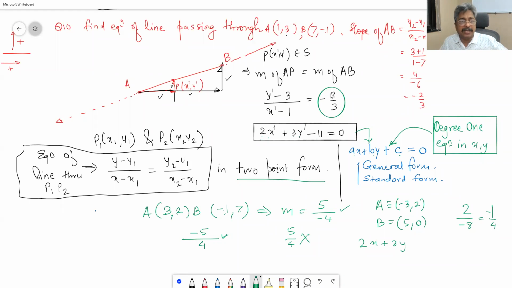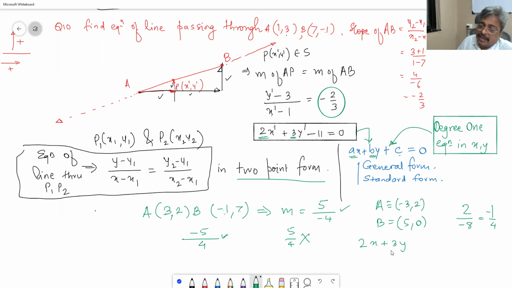When we cross multiply, this 2 is going to go with x, 3 is going to go with y. Therefore, these two coefficients give me the slope of the line. So when the slope is minus 2 by 3, A is 2 and B is plus 3.